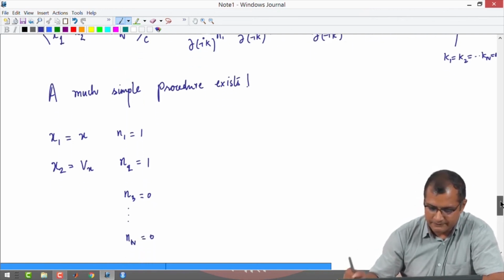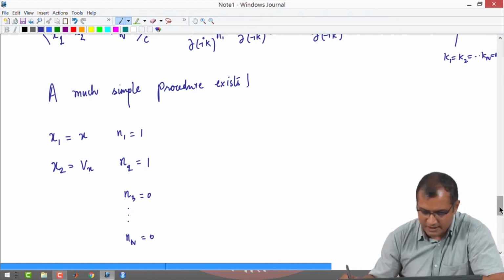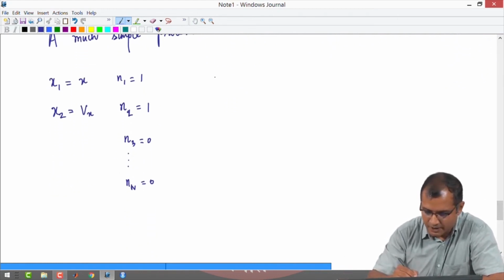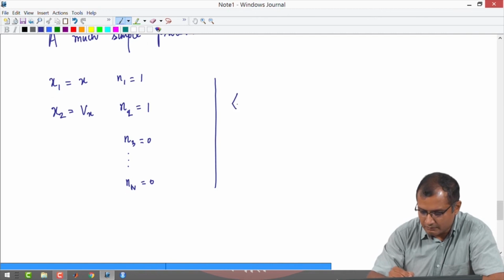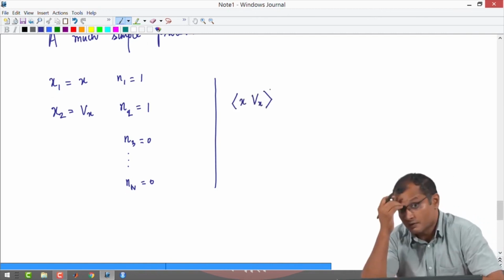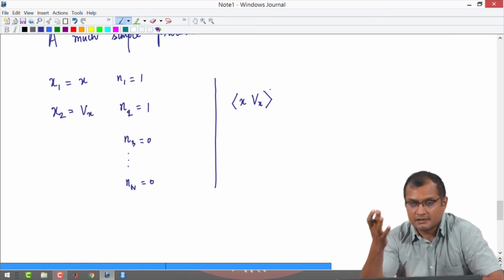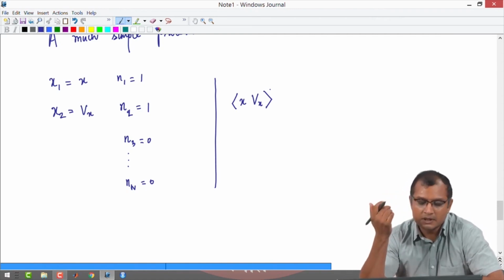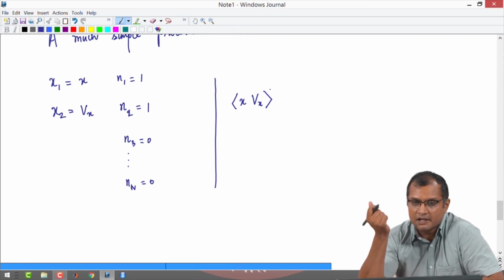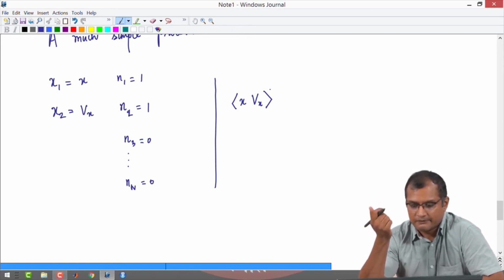So basically, what I am trying to say is that I am computing the joint moment of x into vx. There is a gas in this room which is at equilibrium, and what is the average value of the position multiplied by the x component of the velocity?